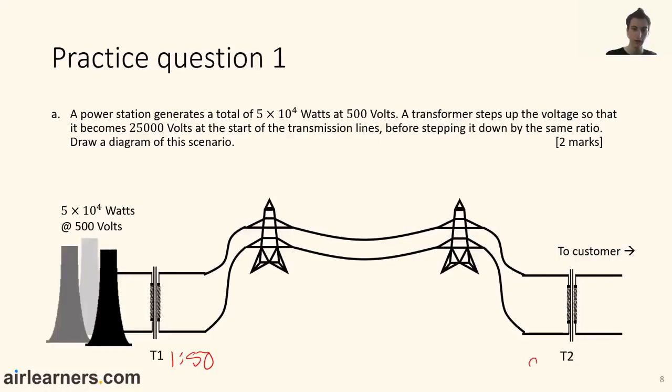And you could obviously do the same over here, 50 to 1. And that would be completely reasonable. I've put a direction, so off to the right is towards the customer. You don't really have to do that. You could just draw a little house or something like that, just to show that you understand the flow of electricity through this diagram.